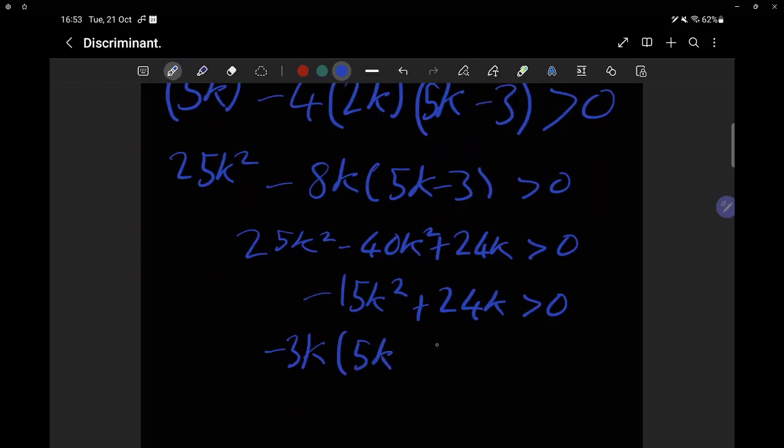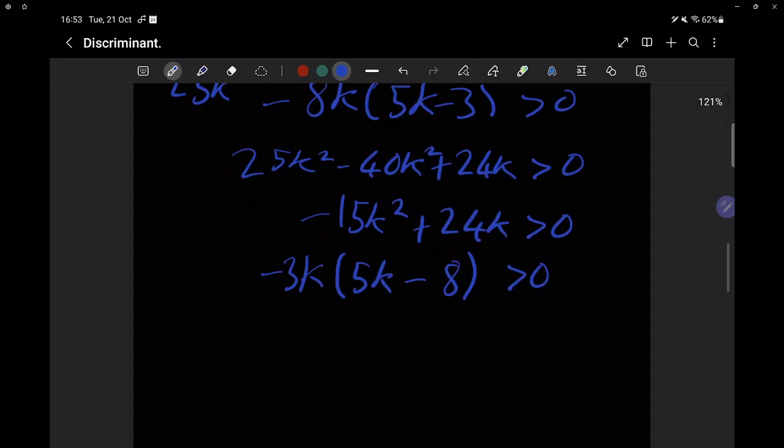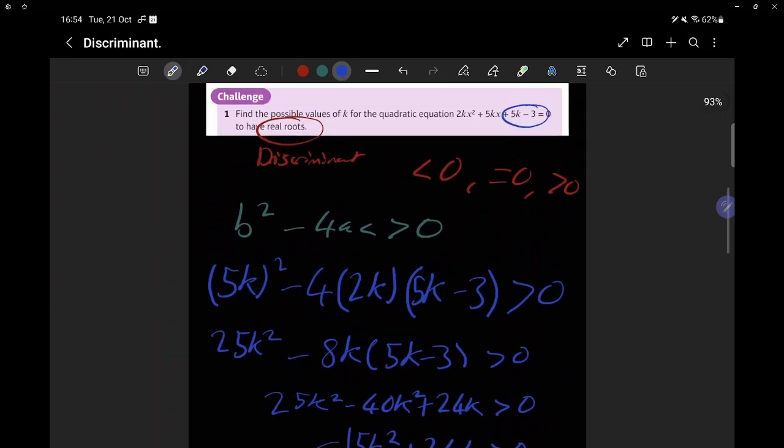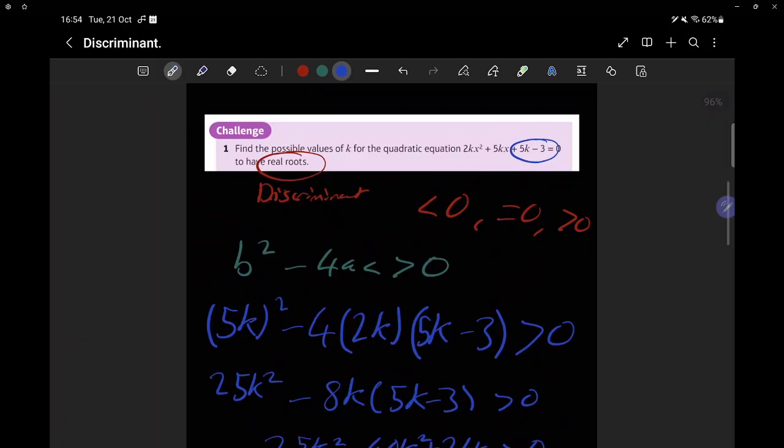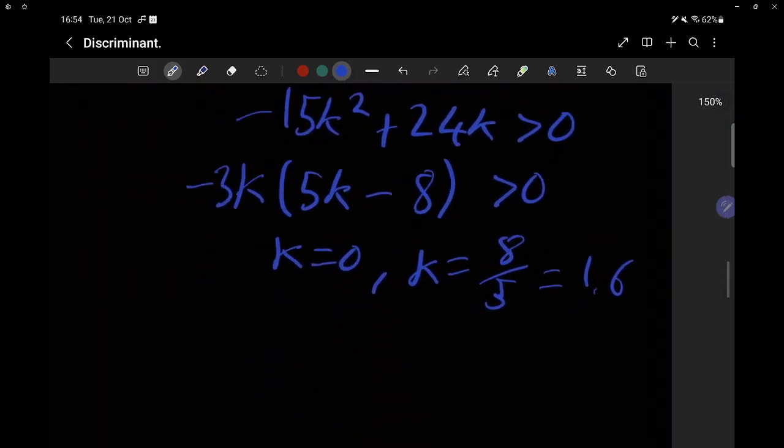So 5k subtract 8 is greater than 0. We know one of the values of k is going to be 0. And if we solve 5k minus 8, k equals 8 over 5, or 1.6.